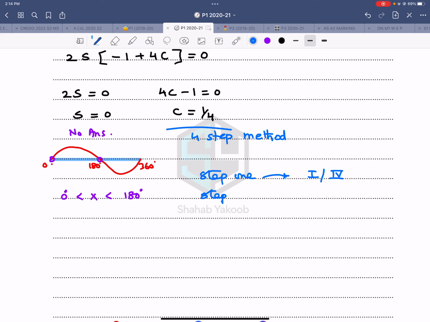Step 2 is the range. Theta lies between 0 and 180. Step 3, that is calculation of basic angle. Cosine of alpha is 0.25 and you will get some particular value of alpha.